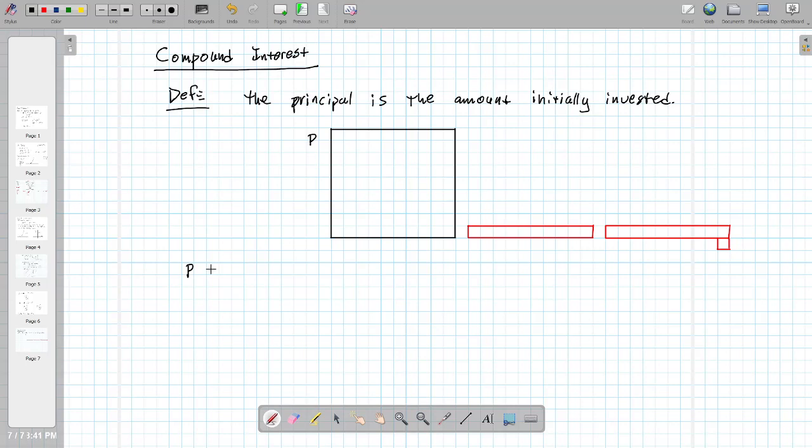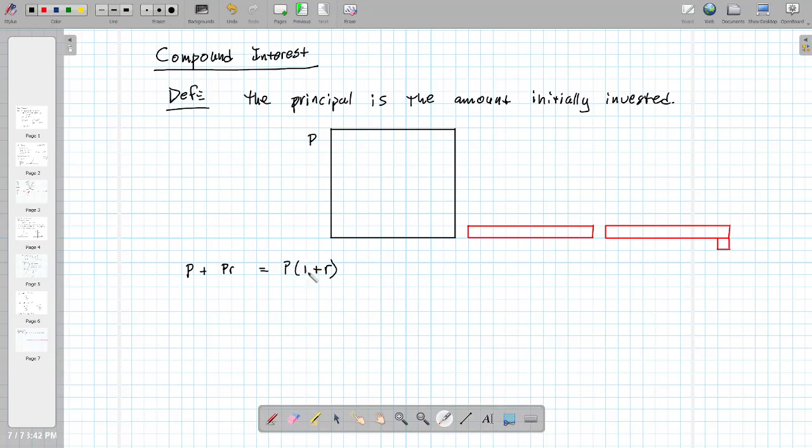So after the first compounding period, we take a percentage of P. So we take our principal, we add the rate times this principal, whatever our rate per compounding period is. This would be how much we have as principal after the first compounding period. So this is the same thing as P times 1 plus R.